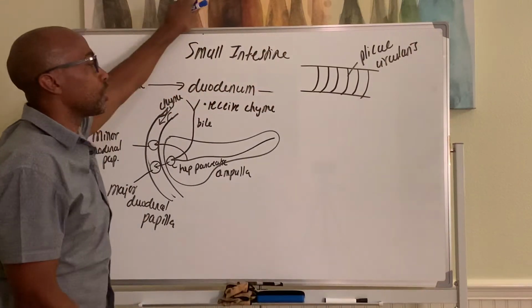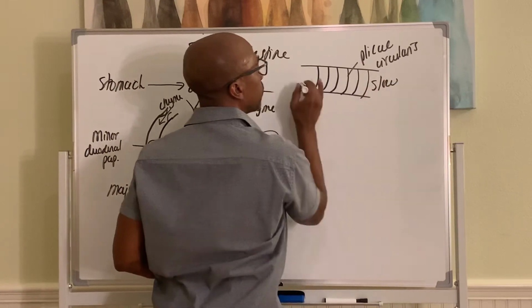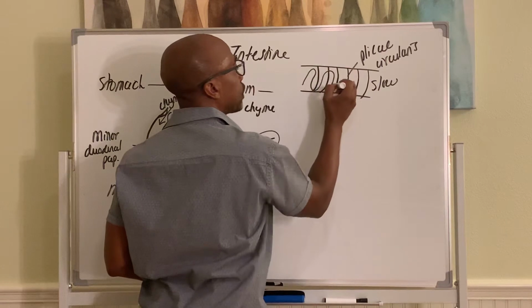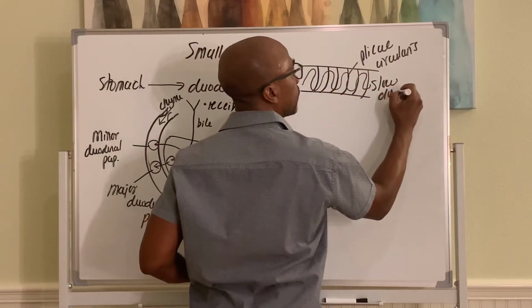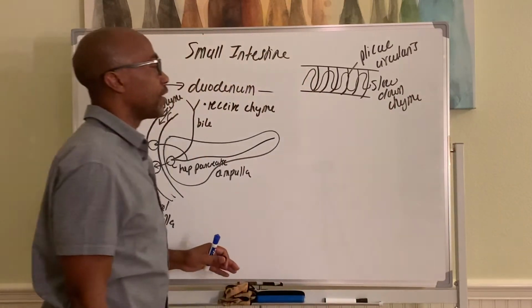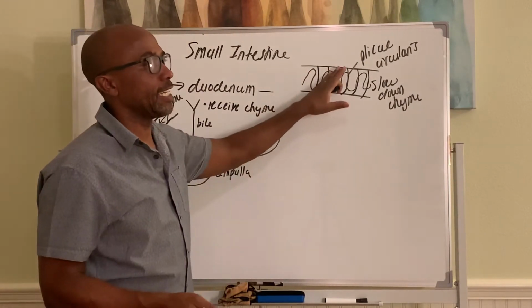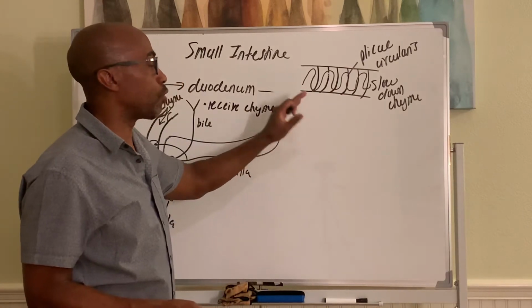Those circular folds help to slow down the chyme. So the chyme must flow like this through it, so it's not rushing through. So it slows down chyme to give more time for you to digest it chemically, physically, and also to absorb it before it runs through the small intestine.